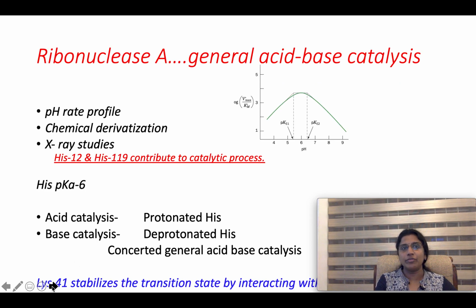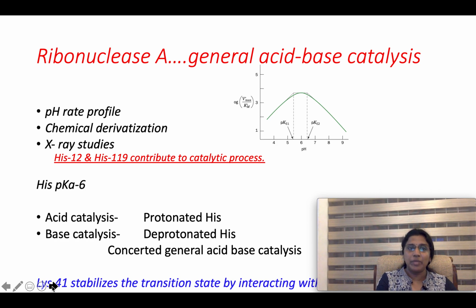Coming to the active site of the enzyme, in the first module you have studied in detail about active site mapping, the different techniques employed for finding the amino acid residues present in the catalytic site of an enzyme.